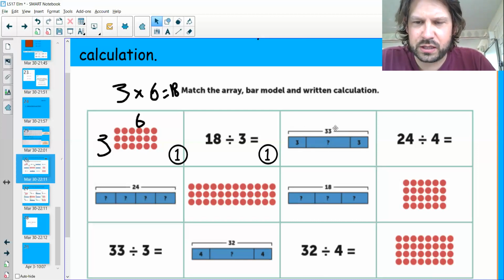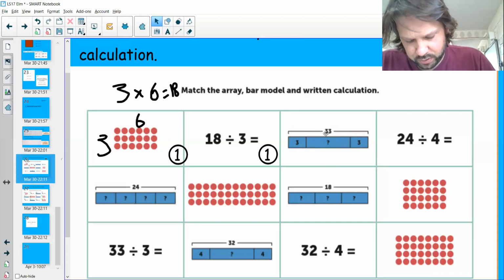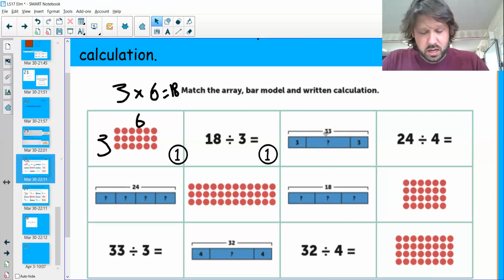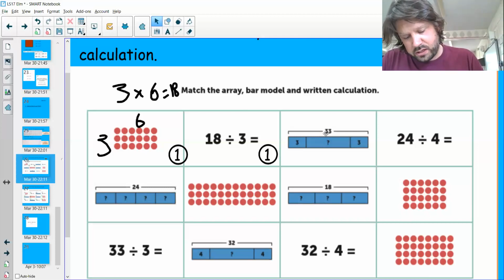So this would be 33 divided by something equals 3. Well, we know the fact family. So 33 divided by 3 equals something. And we know that with multiplications, the big number is at the end. So it's something times 3 is 33, and 3 times something is 33.